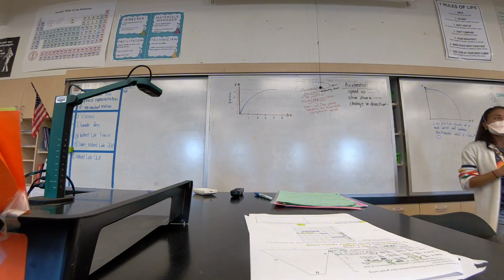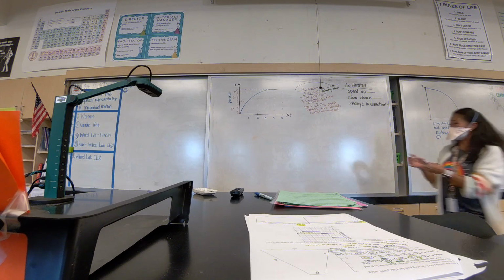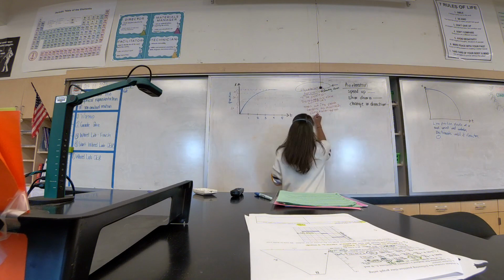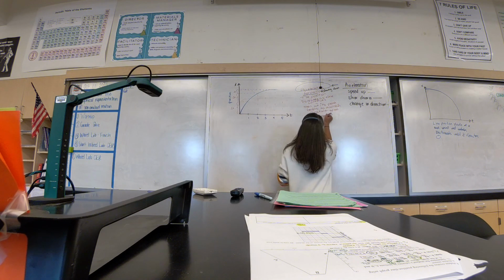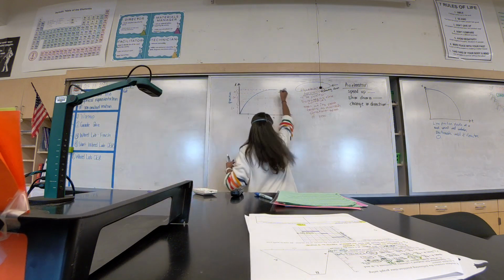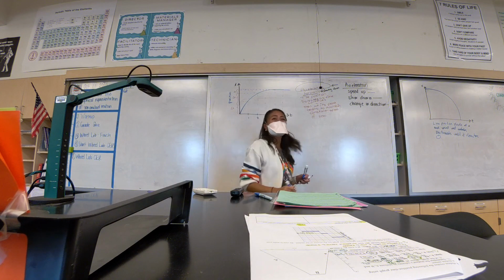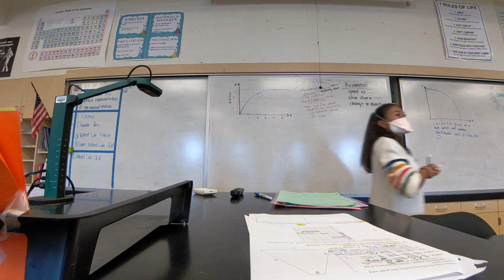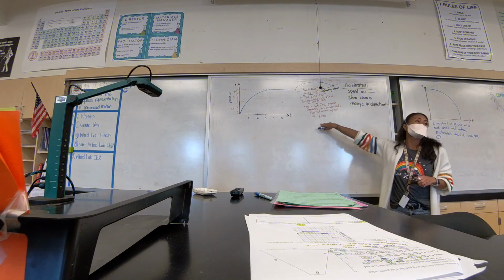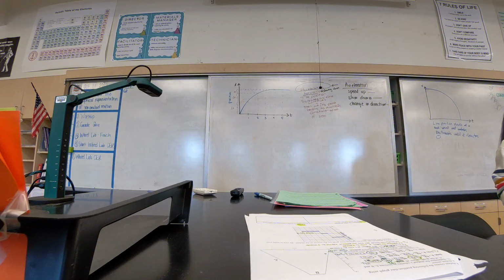Can anyone tell me what they think that constant speed is? 0. Constant speed of 0, because we don't really know what happens, but if we just look at it, it looks like it's just flattening out, right? So when it's a constant speed of 0, what is happening to that object? How is it moving?